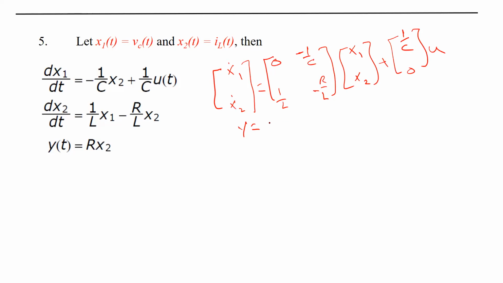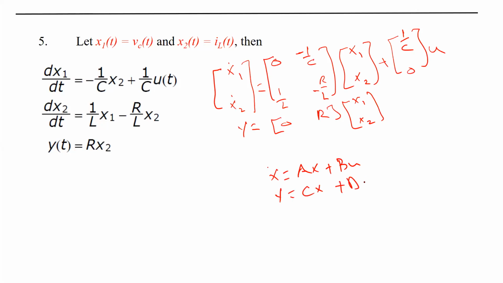Yes. What is Y? The output equal to, again, x1, x2. So what do we have? We have 0 and R. If you compare them, x dot equal Ax plus Bu, y equal to Cx plus Du.